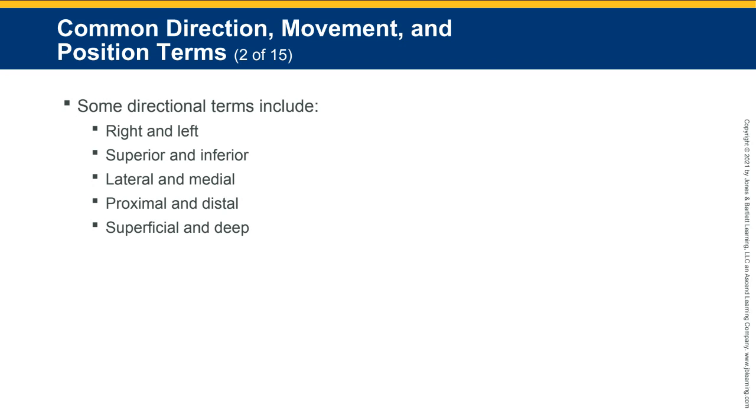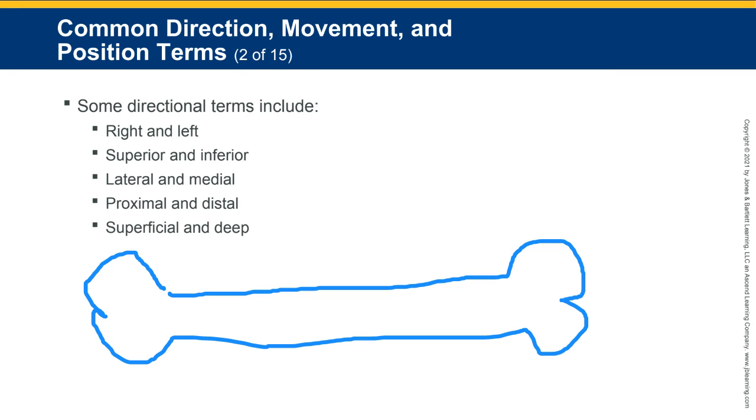Then you have your proximal and distal. And when we talk about proximal and distal, we're talking about a long bone. The terms proximal and distal are applied to long bones.